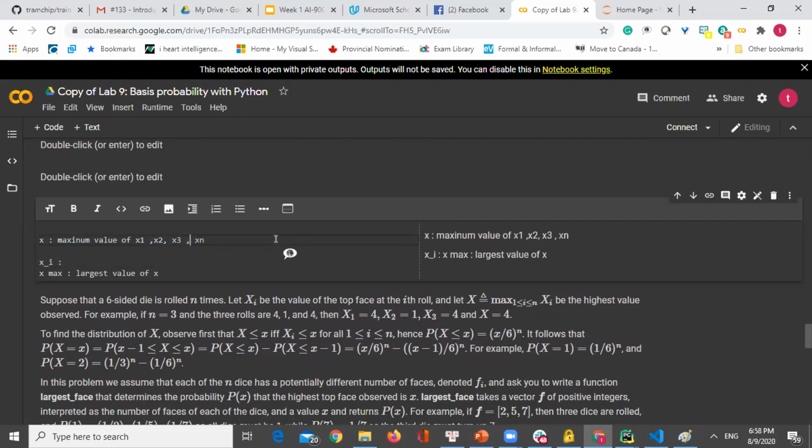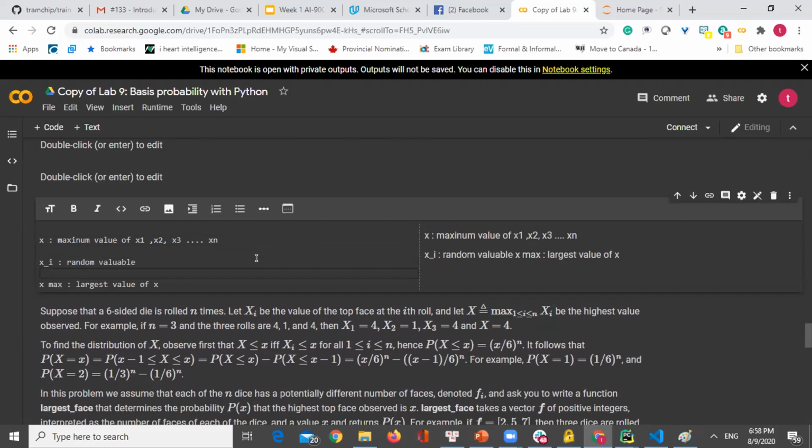Oh, okay, I got it. And so xi is the i-th value? No, xi is also a random variable. Even X is a random variable. Oh, okay, not considered as the maximum value. X is a random variable representing the maximum value of these random variables.